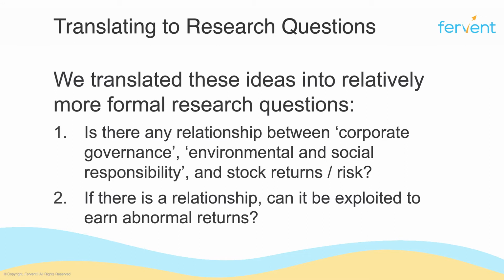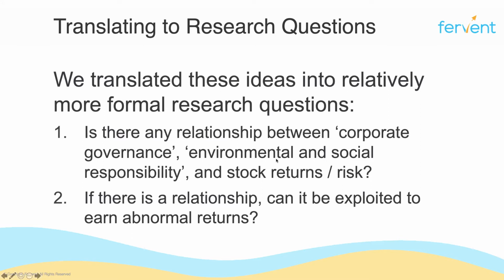In other words, can we exploit that relationship to earn a return that is greater than the return we could earn by simply investing in the market portfolio or a stock market index? And now that we have these somewhat clear research questions, we can translate and transform these further into testable hypotheses.